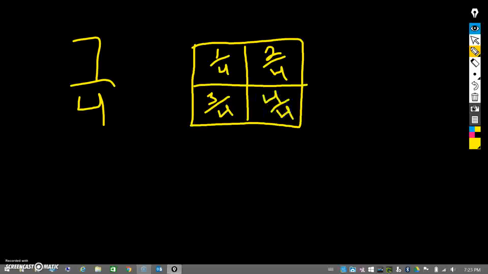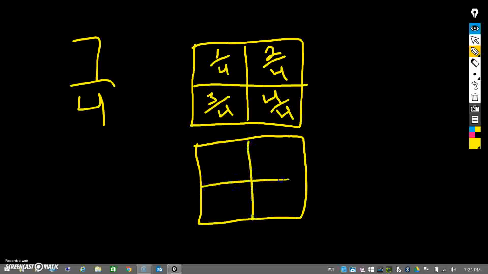That's our whole, one whole. And now that's only 4/4, so we need to draw another shape, the same size. And we need to divide it into parts. And we've got 5/4, 6/4, and 7/4, just like that. Now, if we had 8/4, we would do this last one. But for now, this is what's happening.